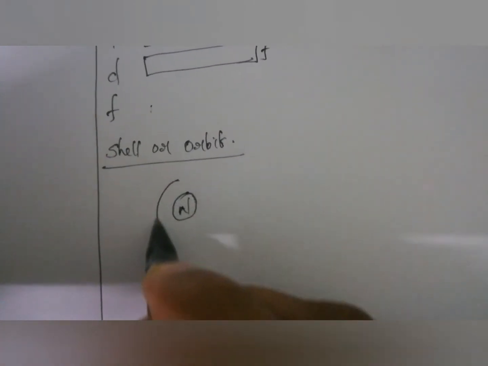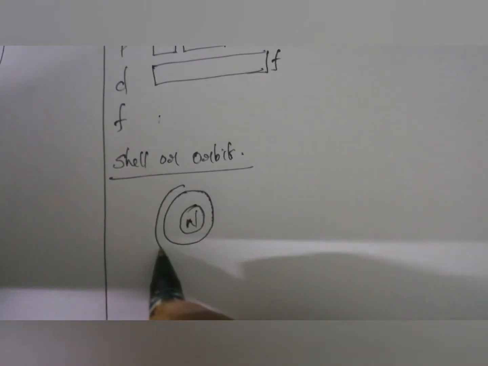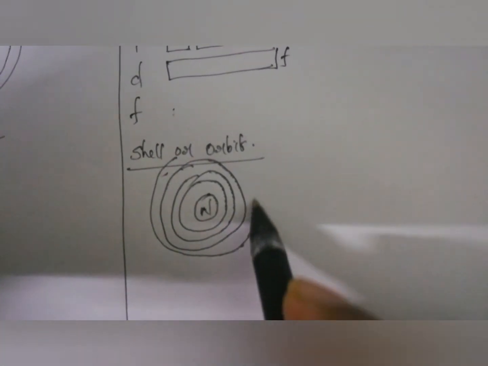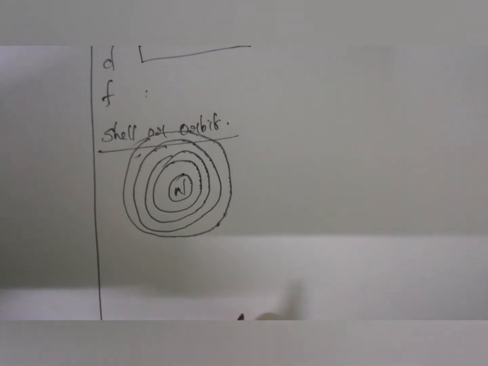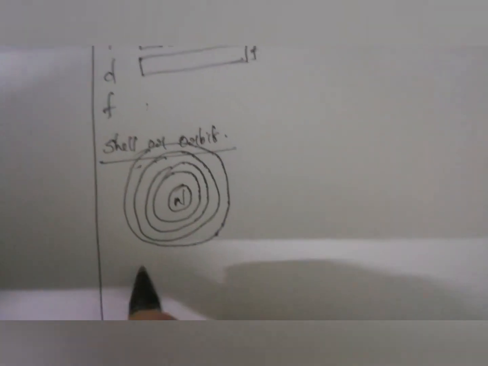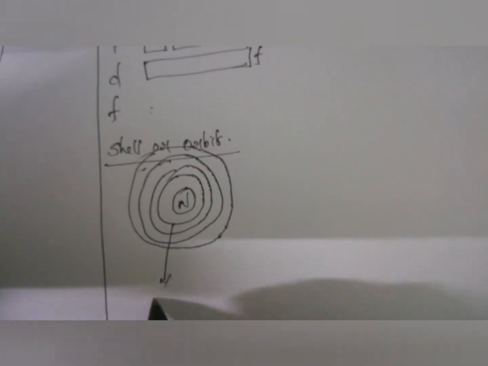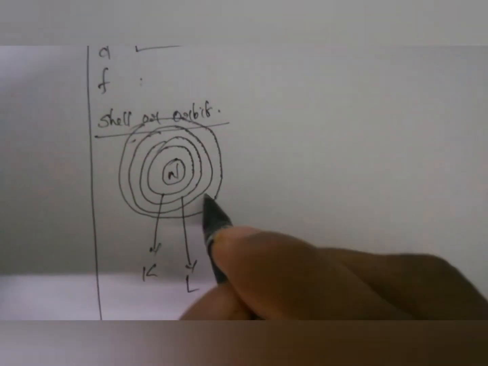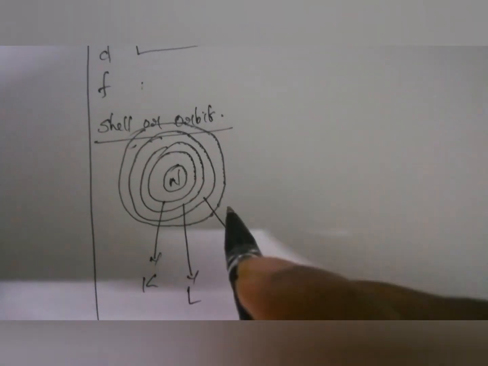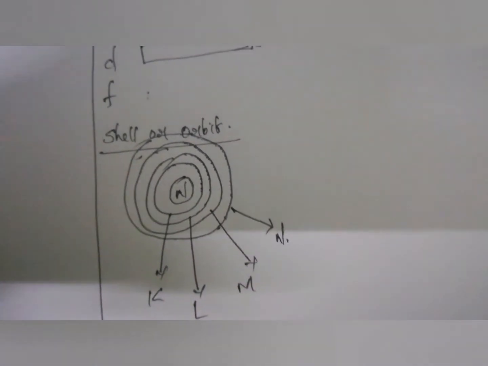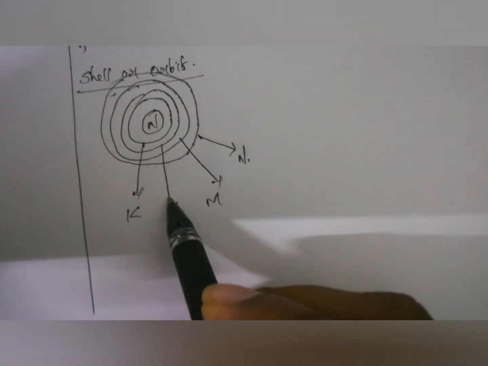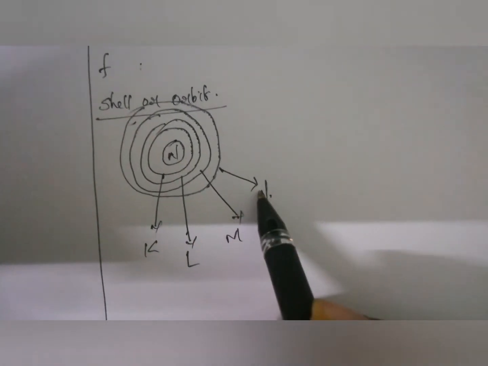This is the nucleus, first shell, second shell, third shell, and fourth shell. The first shell is called the K shell, the second shell is the L shell, the third shell is the M shell, and the fourth shell is the N shell.